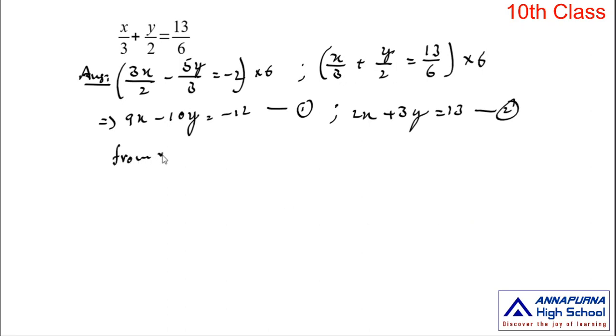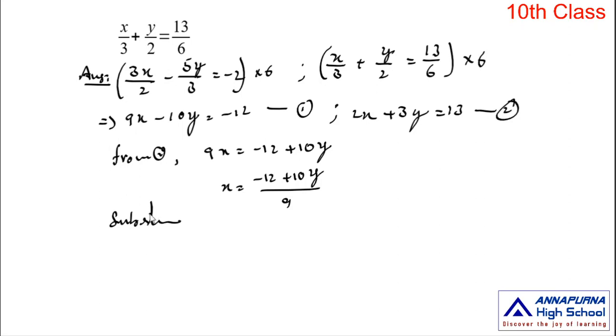Follow the same steps. From equation 1, 9x is equal to minus 12 plus 10y, and then x is equal to minus 12 plus 10y by 9. Now substituting x in equation 2, the second equation is 2x plus 3y is equal to 13.